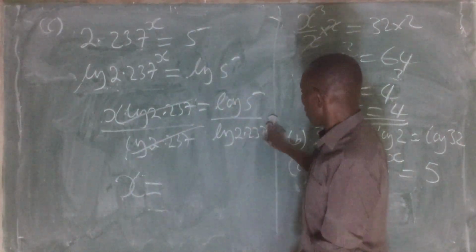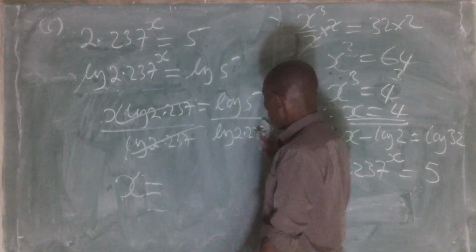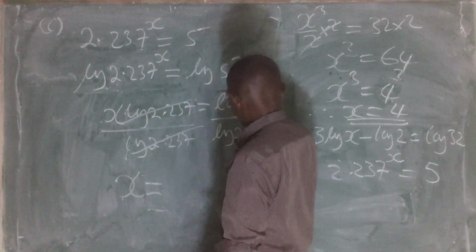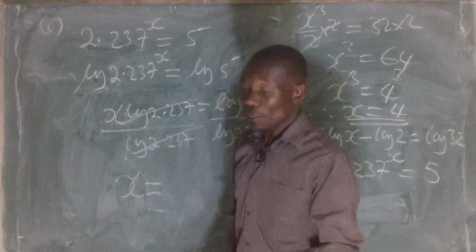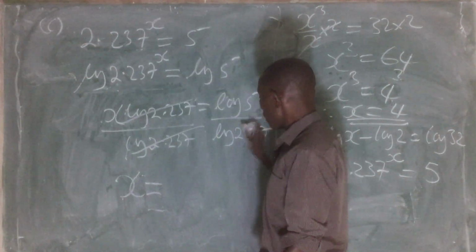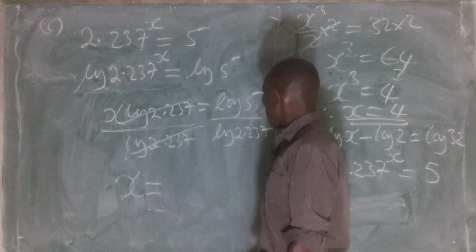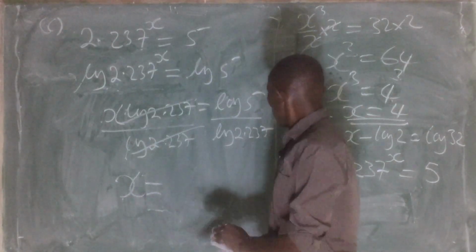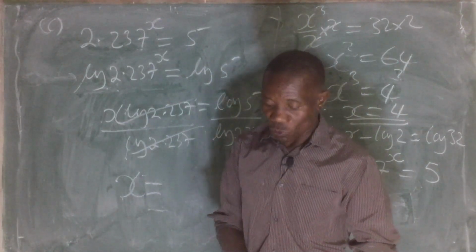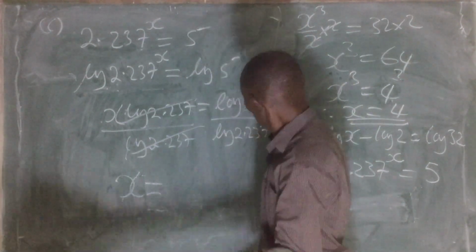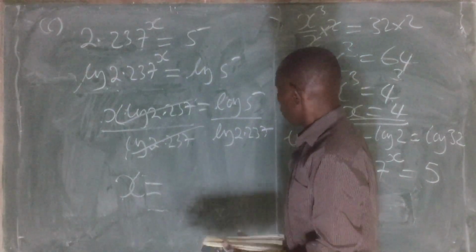If you look at this one, you have got no choice but to go straight and use the calculator. You have to get the logarithm of 5 and write on top, that should be divided by logarithm of 2.237. It's not all that difficult.